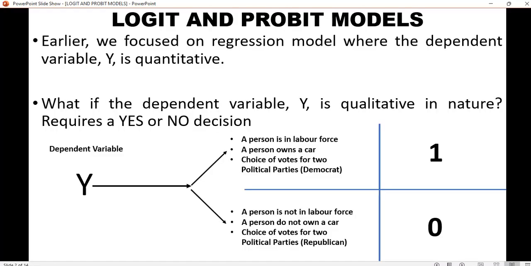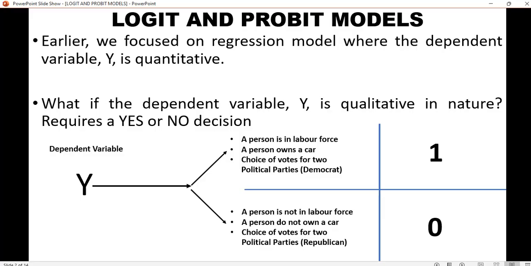Earlier we focused on regression models where the dependent variable y is quantitative or contains continuous variables. And the question we now ask is, what if the dependent variable y is qualitative in nature? What if the dependent variable requires a yes or no decision?